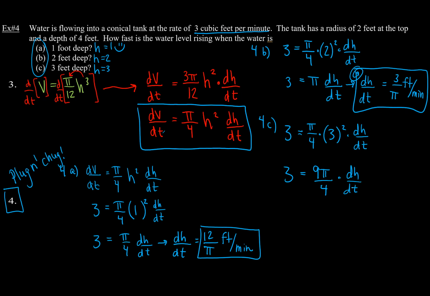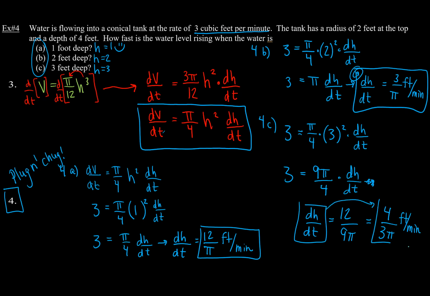If I want to solve this for dh/dt, I need to divide by 9 pi over 4, or rather, multiply by the reciprocal. Either way, I'm going to get 3 times 4, so it'll give me 12 over 9 pi, but I can reduce that. Get rid of those factors of 3, and I'm going to have 4 over 3 pi feet per minute. This is my dh/dt when the height is equal to 3 feet.